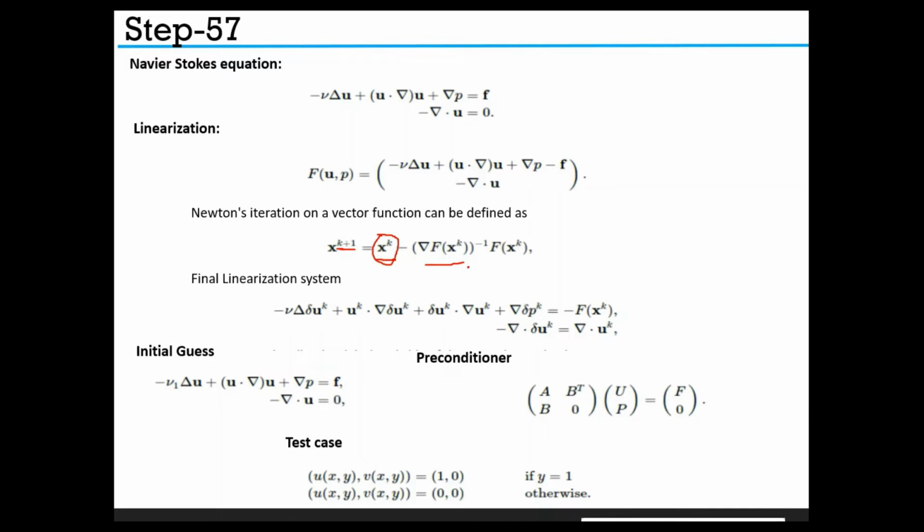Okay, so the Newton iteration formula implies that the new solution is obtained by adding an update term to the old solution. So instead of evaluating the Jacobian matrix and taking its inverse, which is very complicated, we can consider the update term as a whole, like the others. So the final linearization system will be like this one.